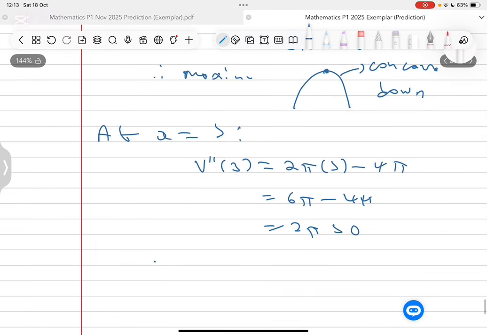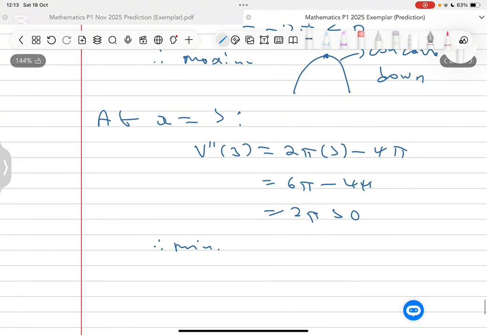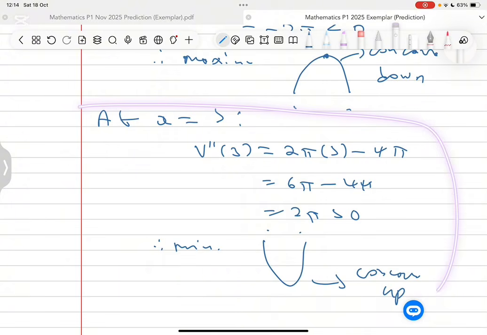That means here we have a minimum. And in the same way, if the second derivative is positive, we're going to have a happy graph. This was a sad graph. It's going to be a happy graph. And a happy graph would mean that we have a concave up. Again, the U here is the same shape as our graph. Then this is where we have a minimum, but this is not part of our answer.